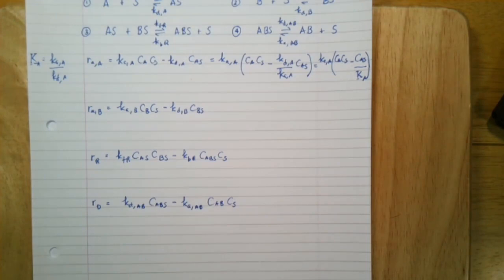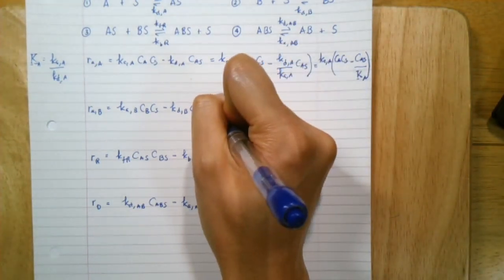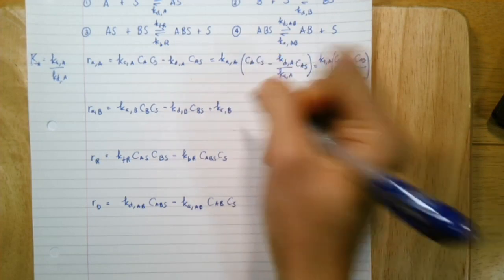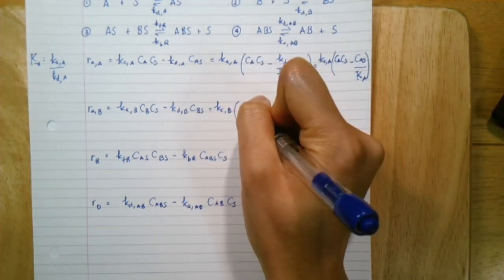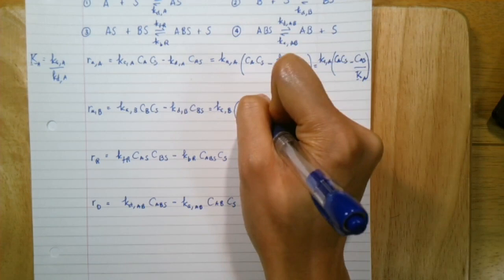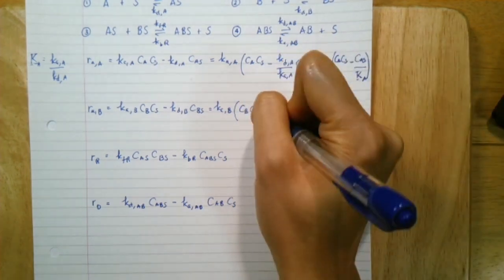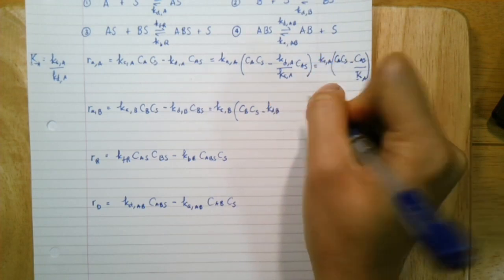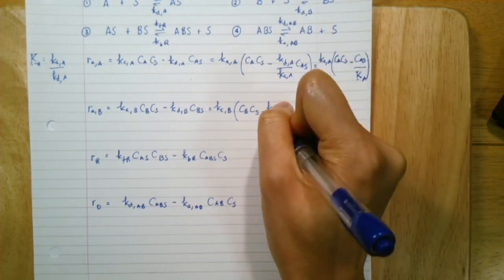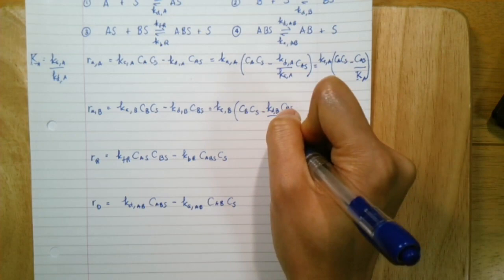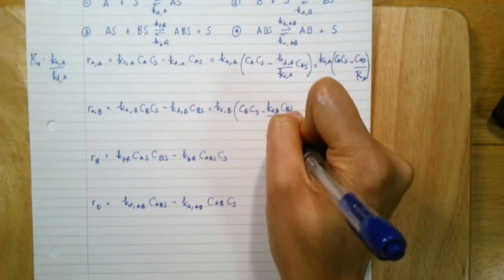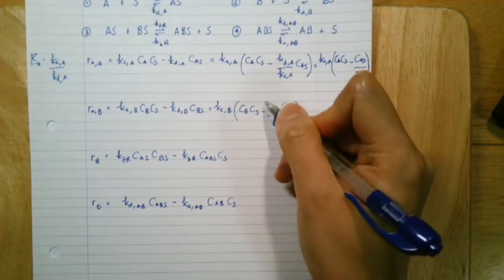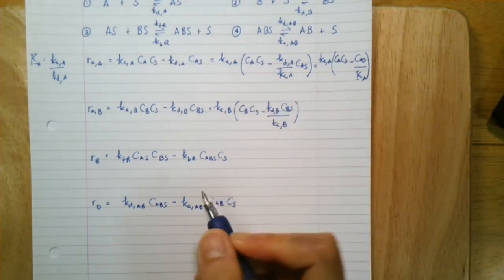Let's do the same thing for B. I can write this as KAB times CB CS minus KDB over KAB times CBS. Again, this is the inverse of our equilibrium constant.